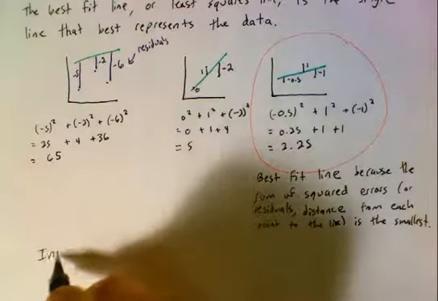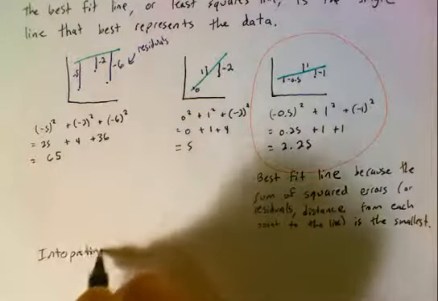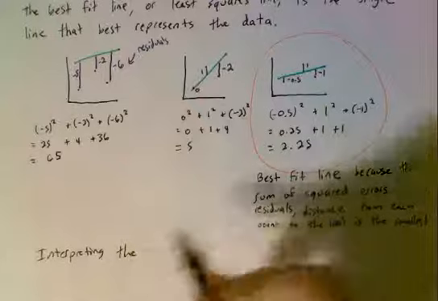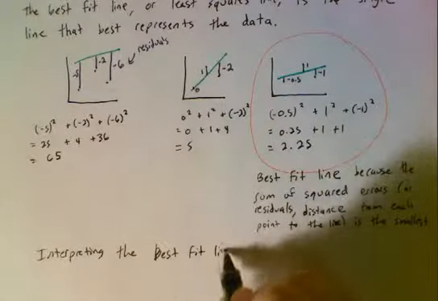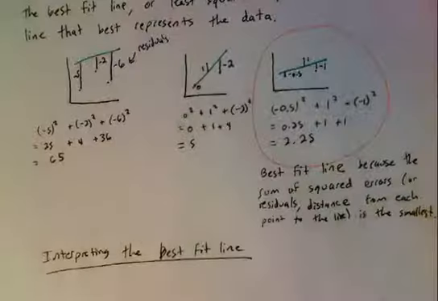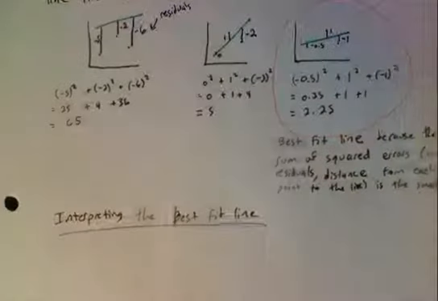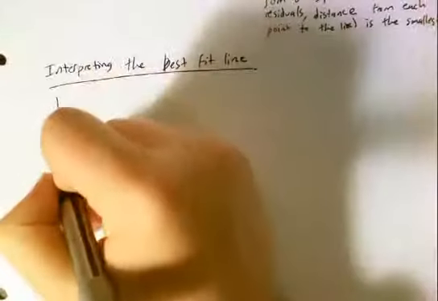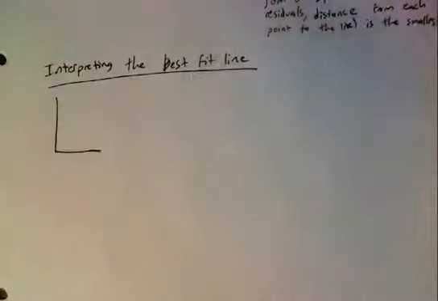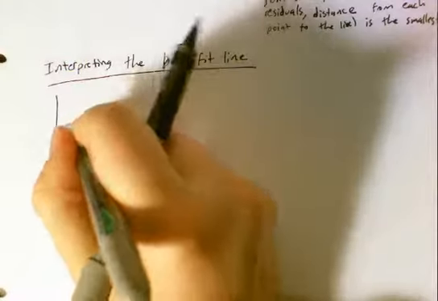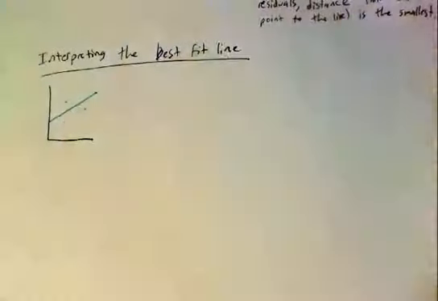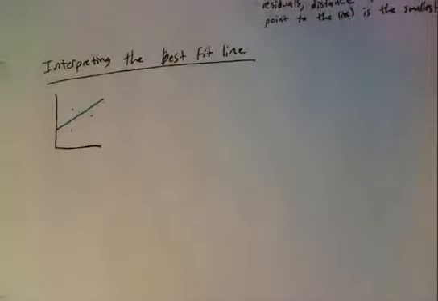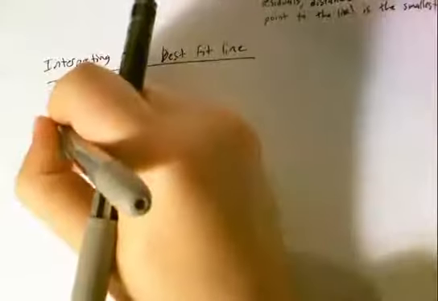So, interpreting the best fit line. Let's say that we have a best fit line that's going through some data. And this was kind of the best we could do. That best fit line has a y-intercept.